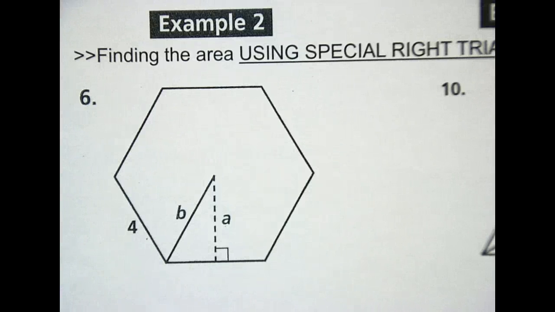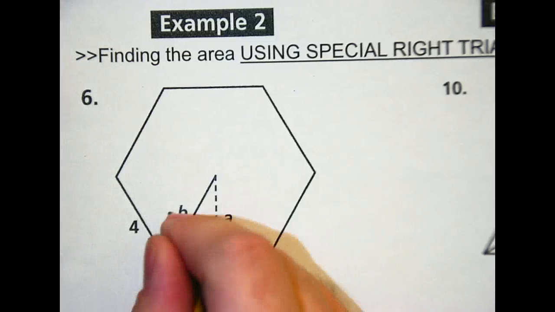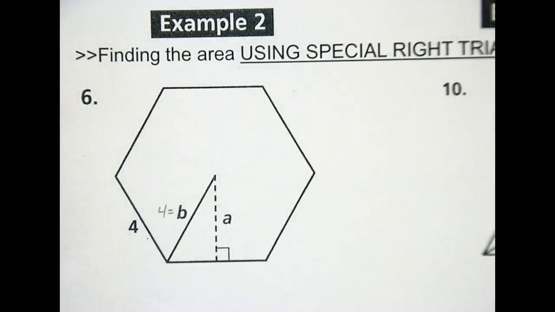Okay, same idea, using special right triangles. Try number 6. All right, what's B? 4. How do we know B is 4? Diamond, how do you know it's 4? Because they're equilateral triangles, so that's 4.